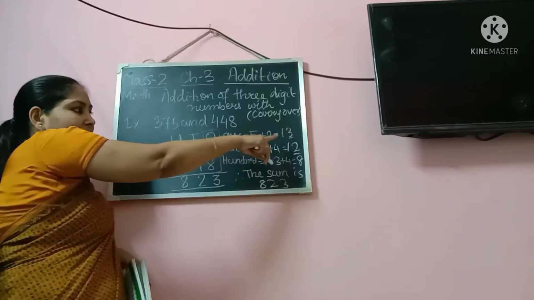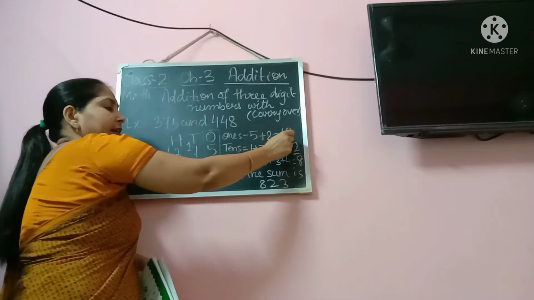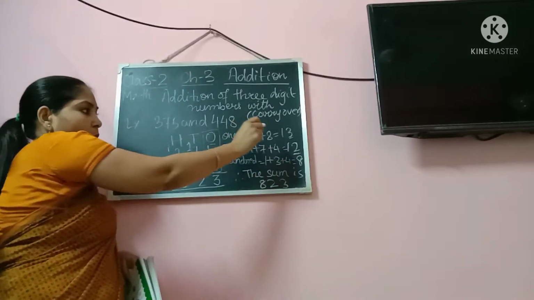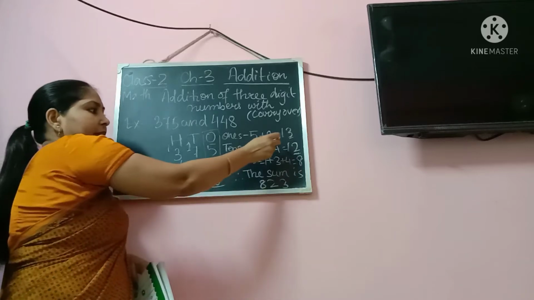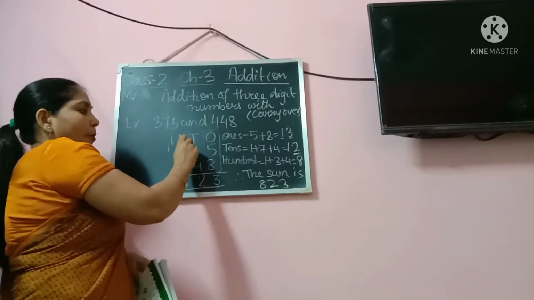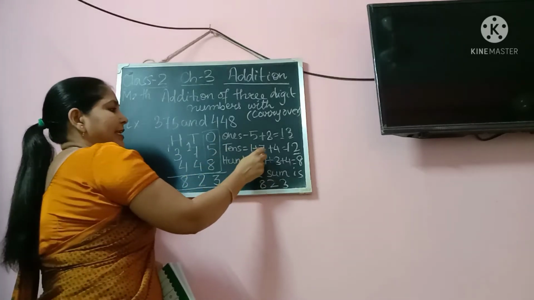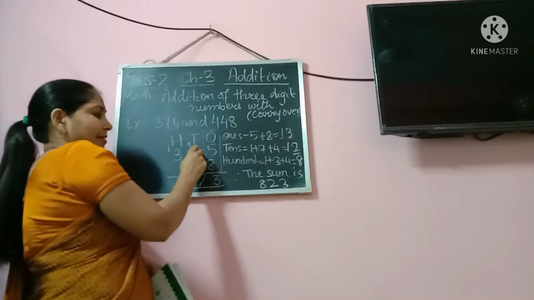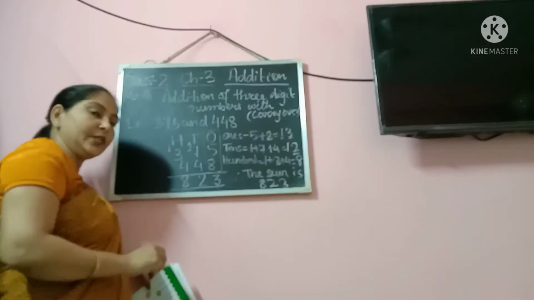Let us count once again. First we will add the ones place digits. 5 plus 8 is 13. Then in 13 we will copy the ones place digit under the ones place. Then this 1 will be carried to the tens place. Then in the tens place the digits are 1 plus 7 plus 4, equal to 12. It is again a two-digit number.